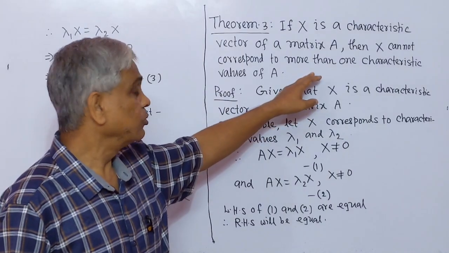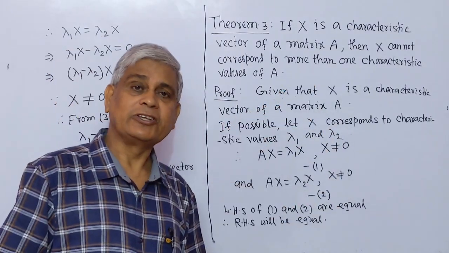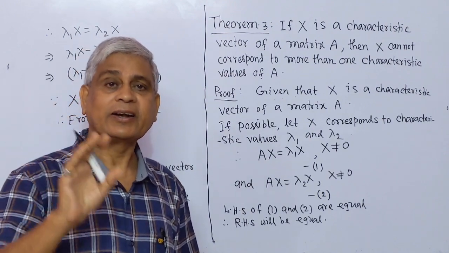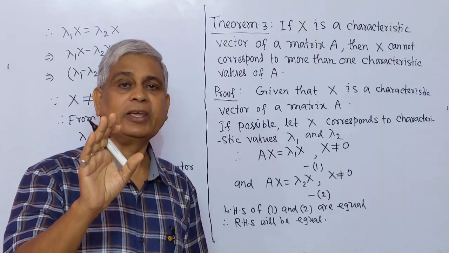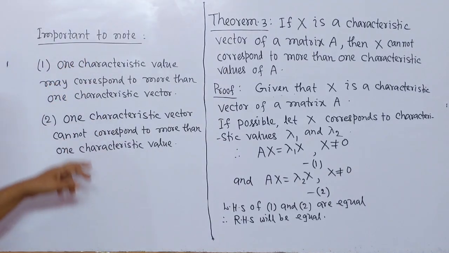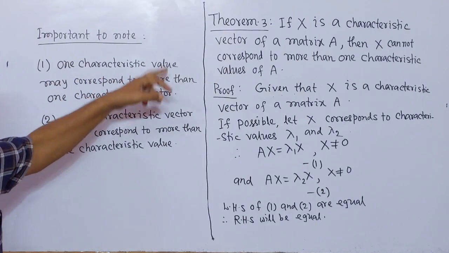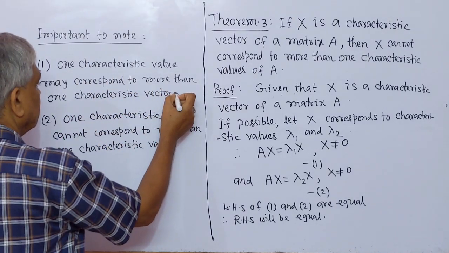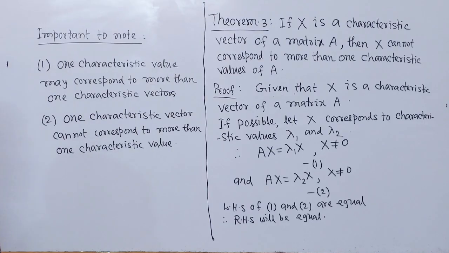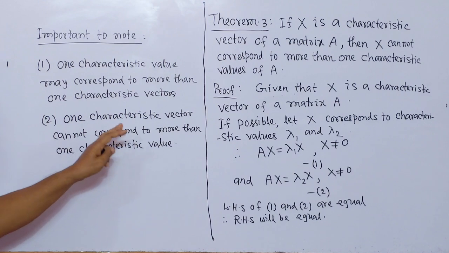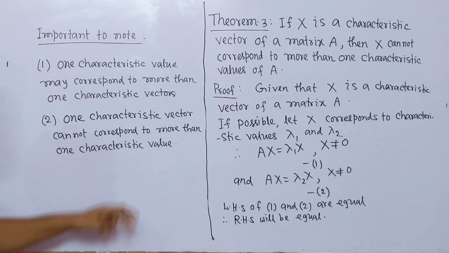But here we get that one characteristic vector cannot correspond to more than one characteristic value. This is very important. Here we have an important note. Number one, a characteristic value may correspond to more than one characteristic vector. Number two, one characteristic vector cannot correspond to more than one characteristic value.